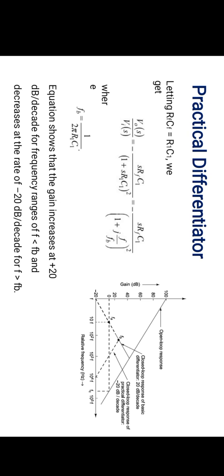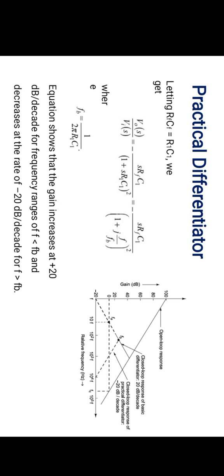Letting RF CF equal to R1 into C1, we get V0 of S by Vi of S equal to minus S into RF into C1 divided by (1 plus S into R1 into C1) square, equal to minus S into RF into C1 divided by (1 plus j f by Fb) the whole square.